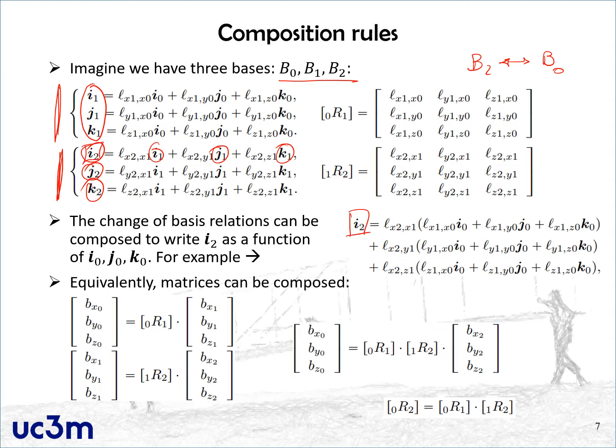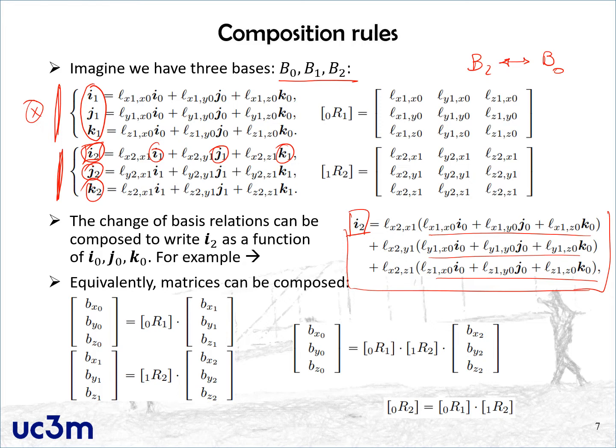So you see that we basically have replaced the expression for the vectors I1, J1, and K1 using the first set of relations here. And if we take this result and we gather together terms multiplying I0, J0, and K0, we will have the first relation for the transformation relations from B2 to B0.